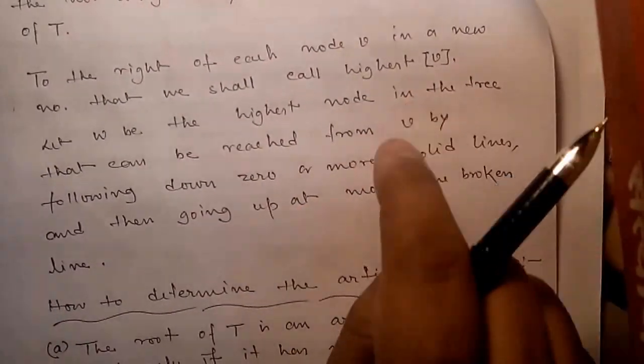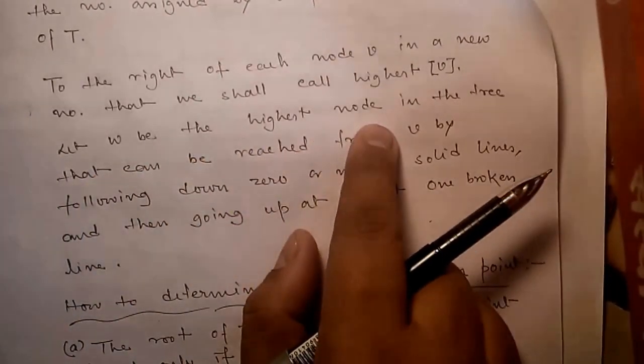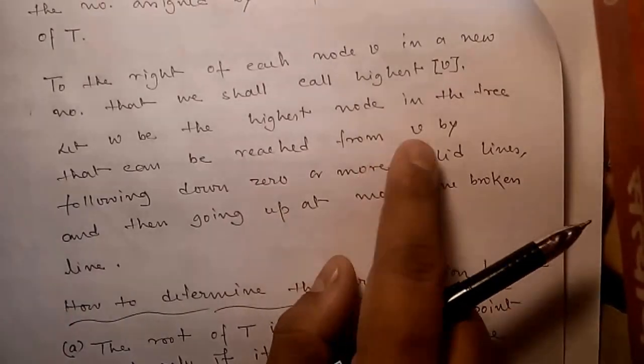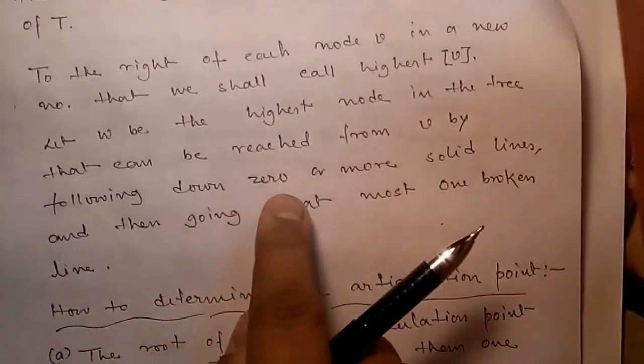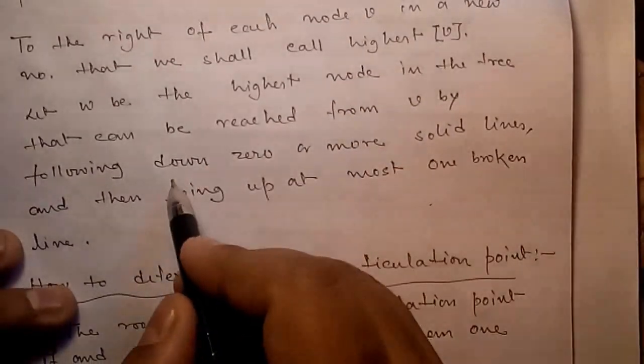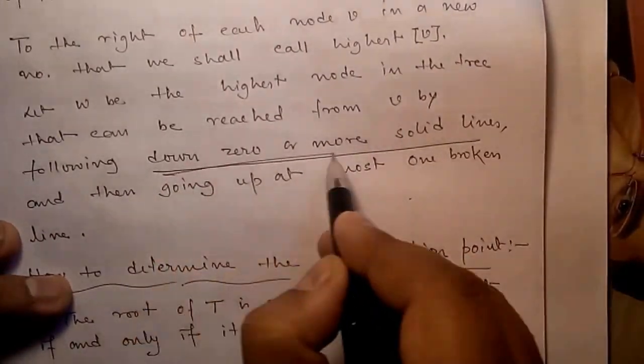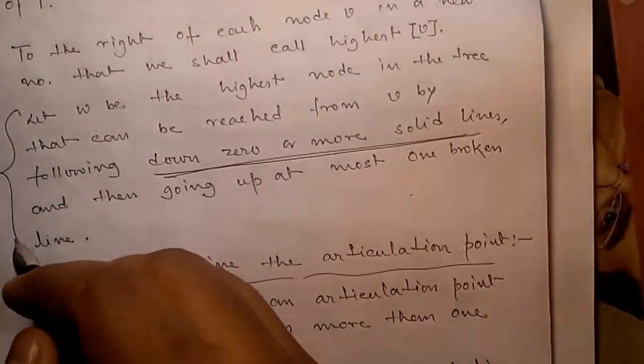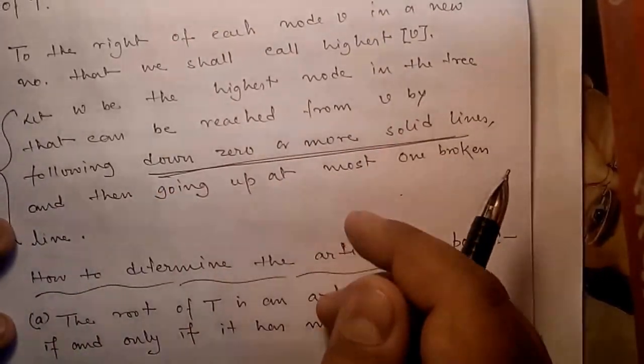Let W be the highest node in the tree that can be reached from V by following down 0 or more solid lines. So how do we get the highest values?